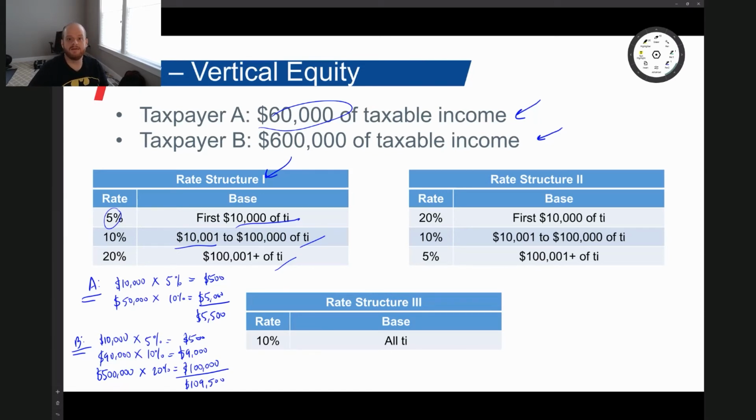Now, is this a vertically equitable system? Yes, it is, right? The individual that earns less pays less overall. The individual that earns more pays more overall. Now, let's look at rate structure 2.